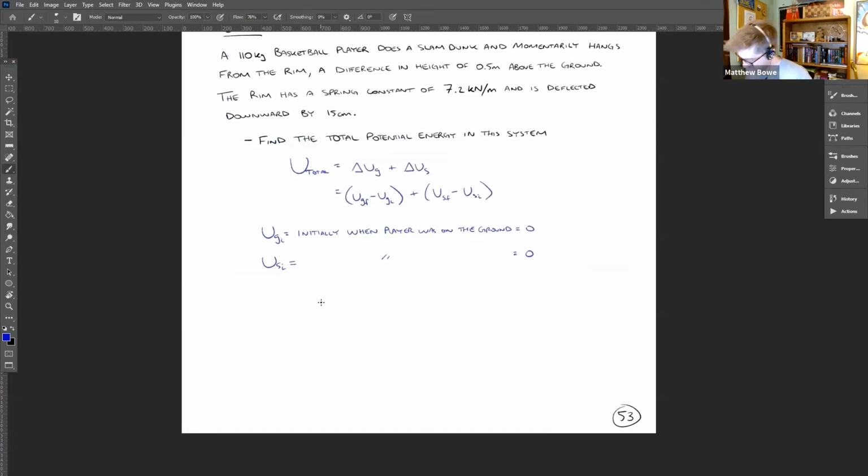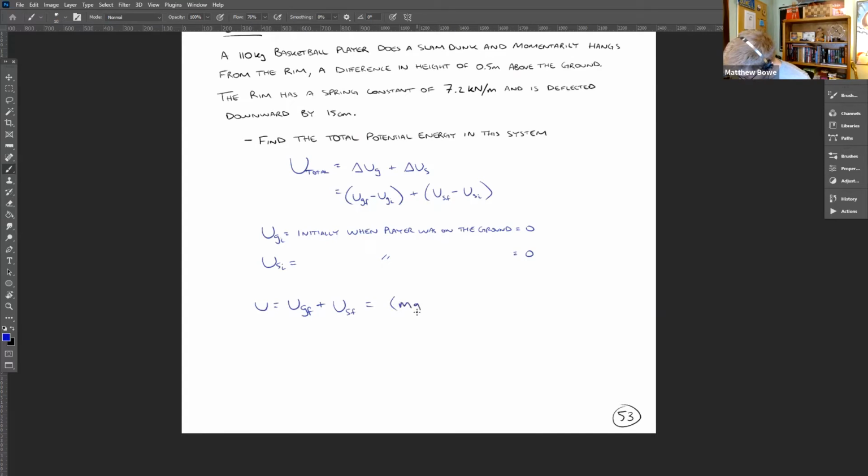Now we have potential energy that is just its final positions. So it's the final gravitational potential energy plus the final elastic potential energy, just arranging these two together.